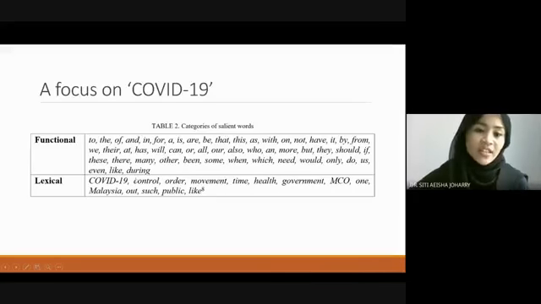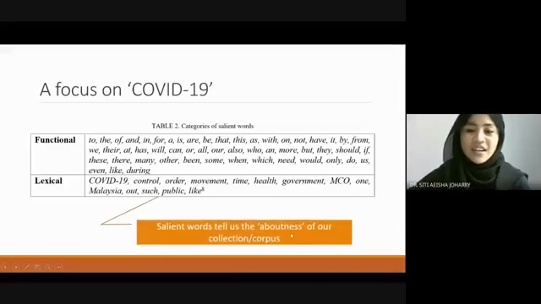And COVID-19 was the one that we want to use at the moment for our paper. This is where we talk about how salient words show us what the corpus is about. And you can see here that a lot of the content words are referring to the pandemic, obviously.